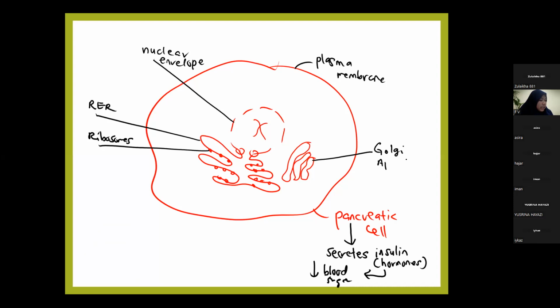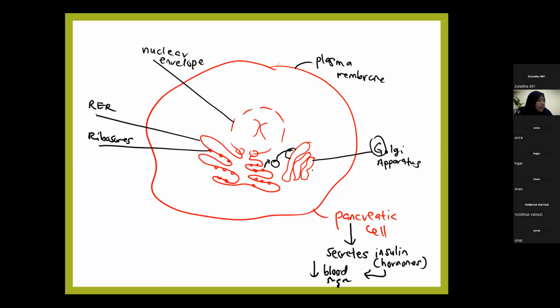Make sure Golgi kena tulis G huruf besar. So you can see how rough ER is actually connected to Golgi apparatus. It is connected via vesicle, where the protein will be transported in a vesicle and the vesicle then will be transported to the Golgi apparatus.